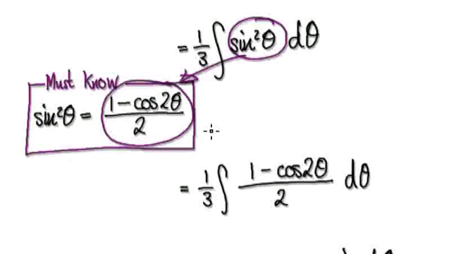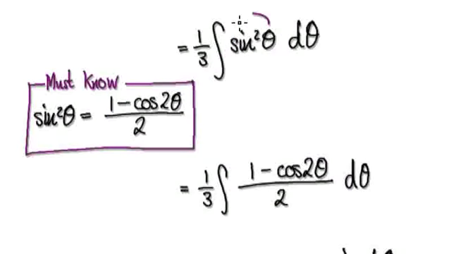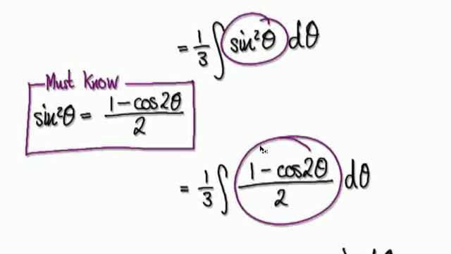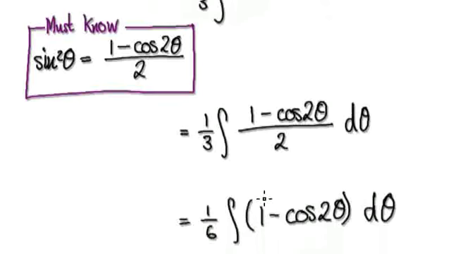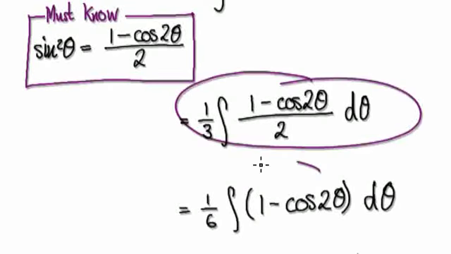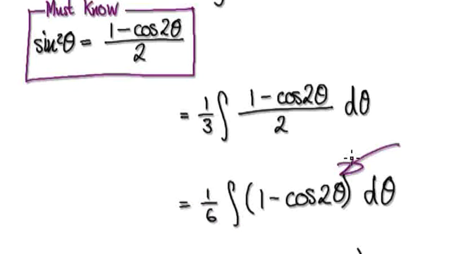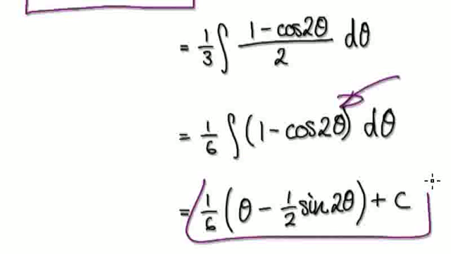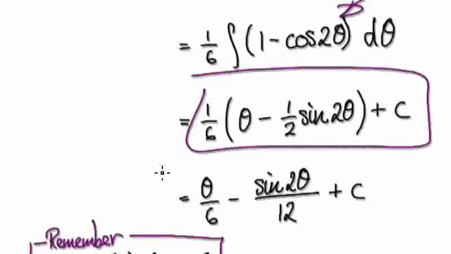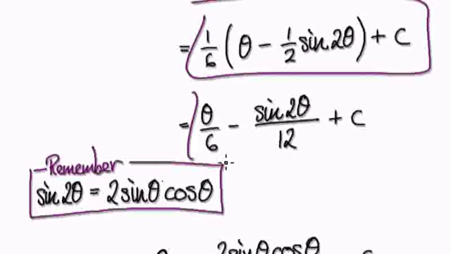This whole thing here is this thing here. Now tidy it up. This whole thing will then become this. Now this is straightforward to integrate. When you integrate it, it will give you this. Tidy it up, and it will then give you this.